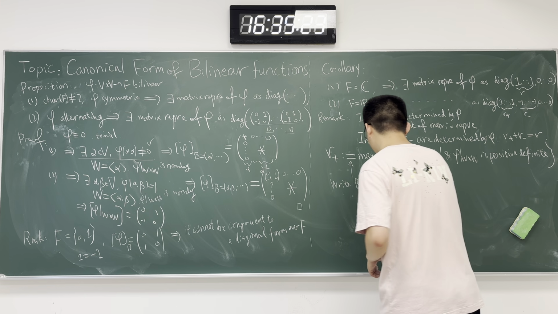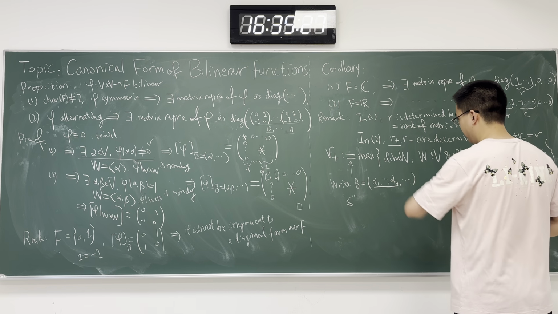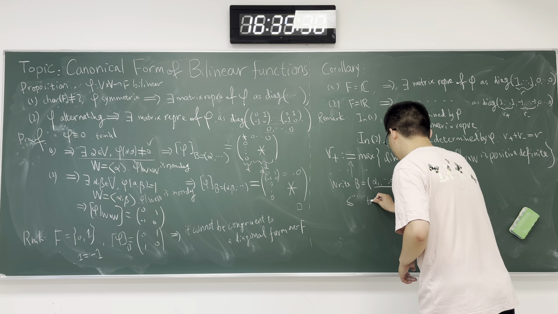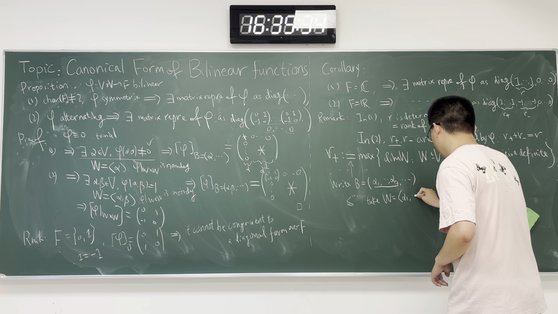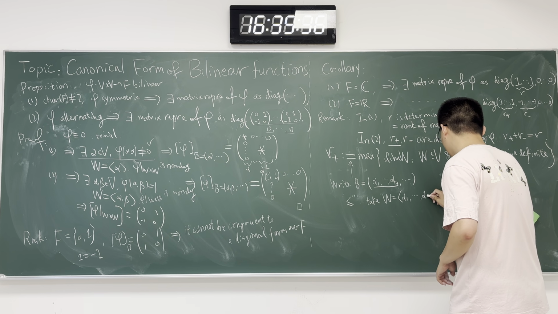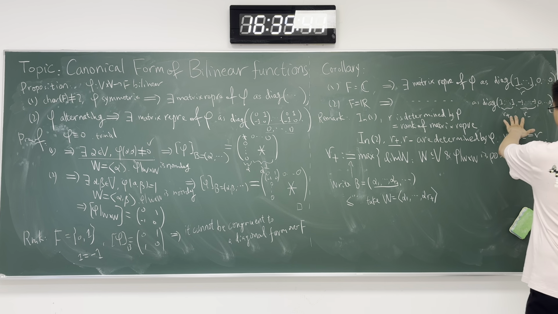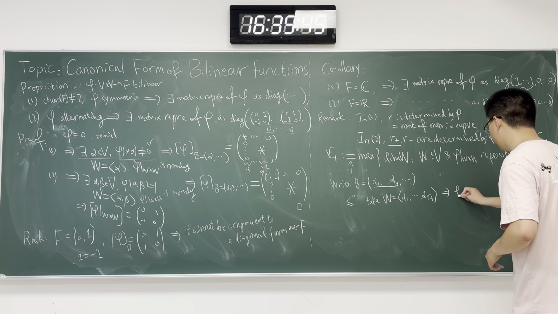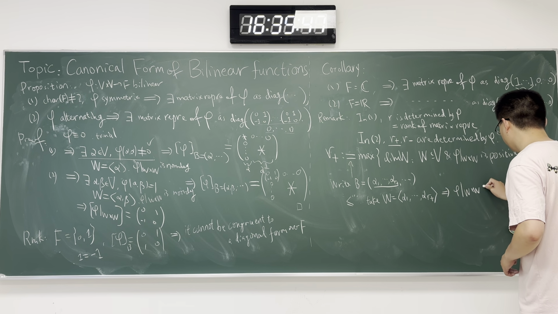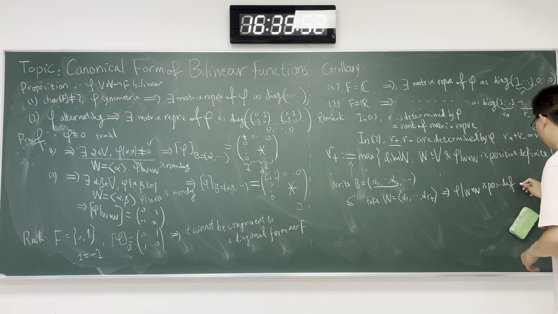We first prove that r plus is smaller than or equal to the max. Take W to be the linear subspace spanned by alpha 1, ..., alpha r plus. Then, according to its canonical form, phi restricted to this subspace is positive definite, which means that r plus is at most the max.